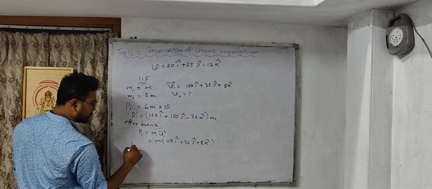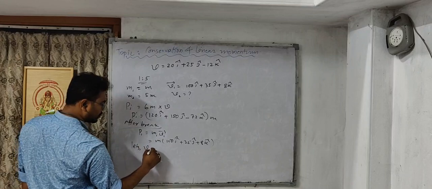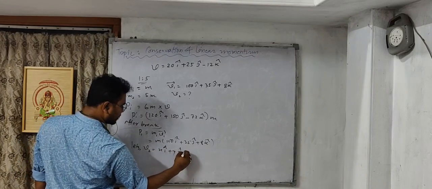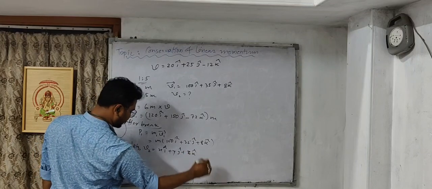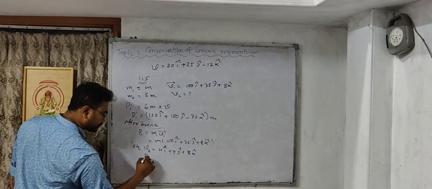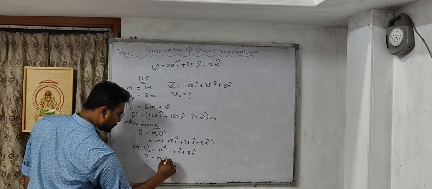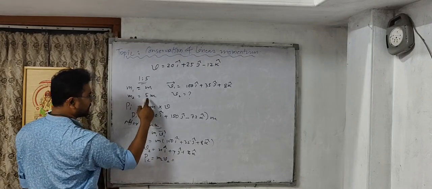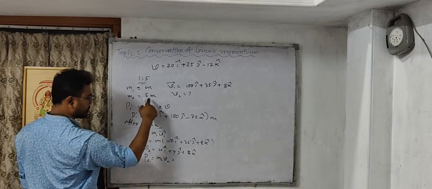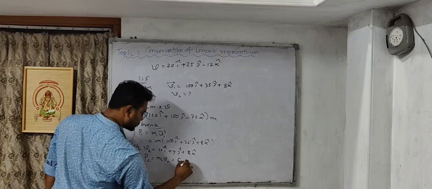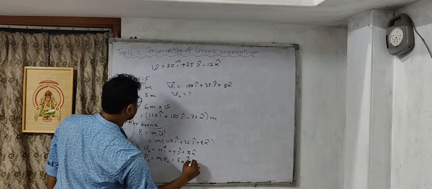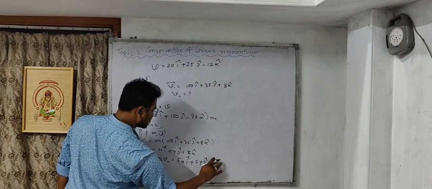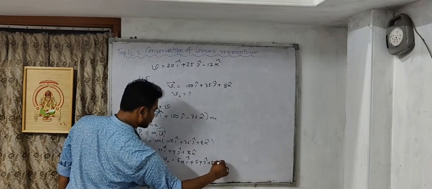Now let the velocity v2 be equal to xi plus yj plus zk. Now what will be p2? p2 will be m2 v2, and as m2 is equal to 5m, that is 5m into x, so 5xi plus 5yj plus 5zk.